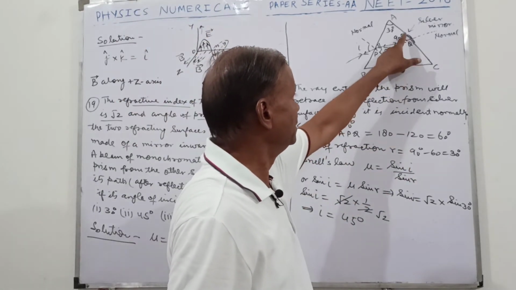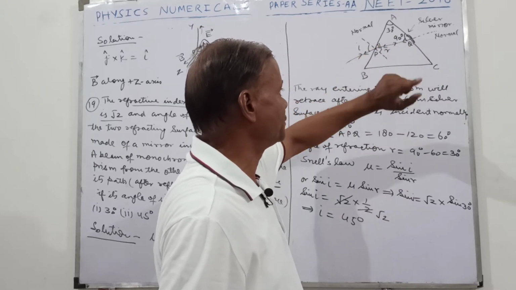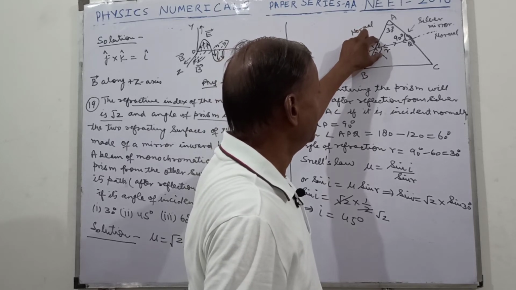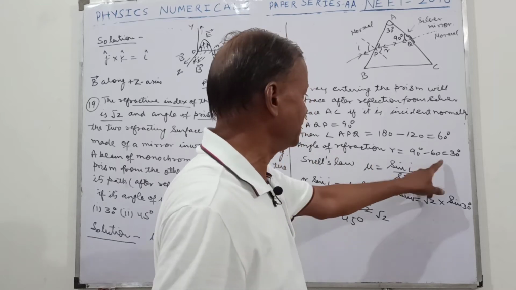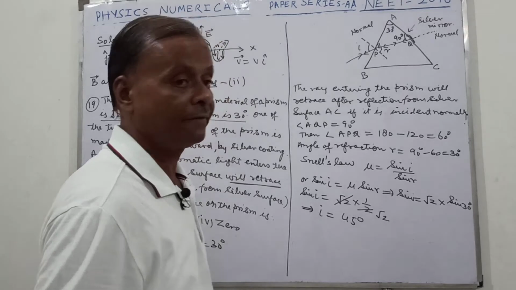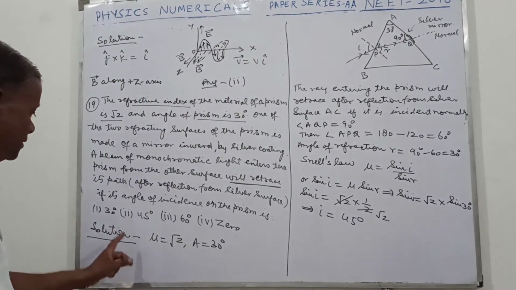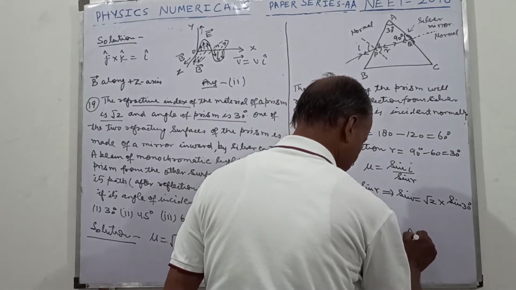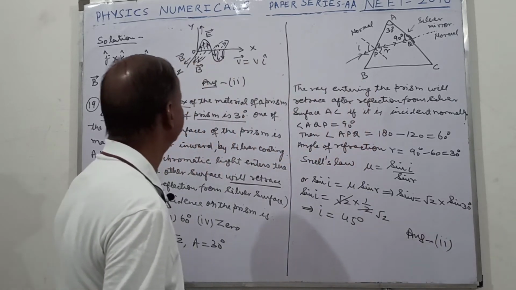So this angle is 90 degree, this is given 30, so this will be 60. 90 minus 60 is 30 degree, so the angle of refraction is 30 degree. Now apply Snell's law, and that will give you the answer: the angle of incidence must be 45 degree. Our right option is the second one.